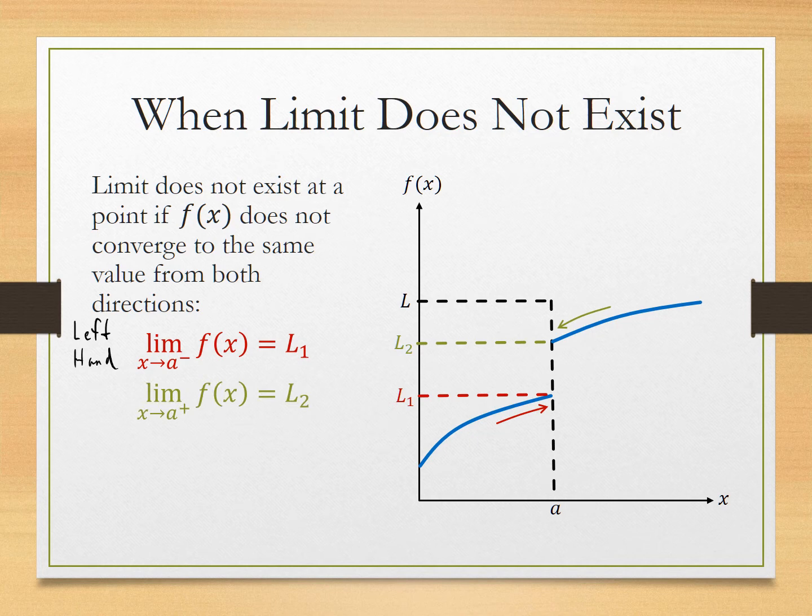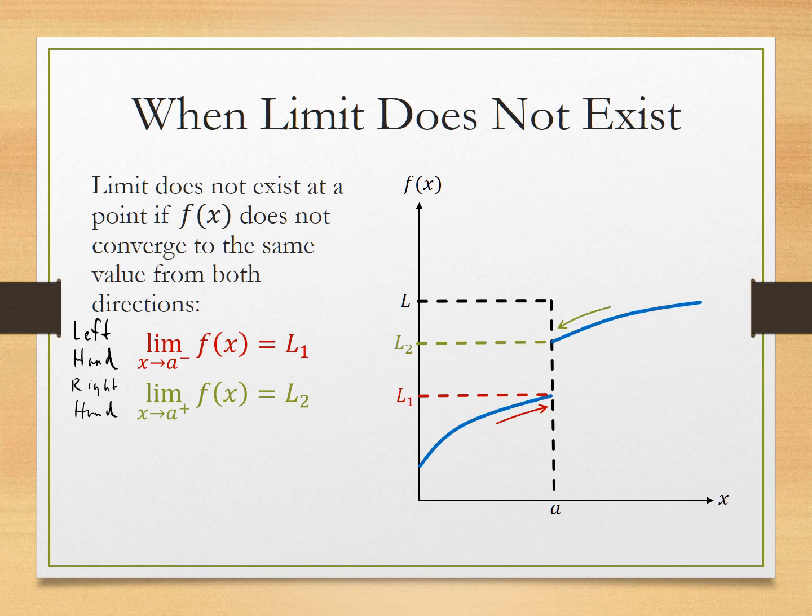The other side is called the right-hand limit. It's coming from the right-hand side. As x approaches A from the right-hand side, so it's A plus because the numbers are bigger than A, the function approaches the value L2.